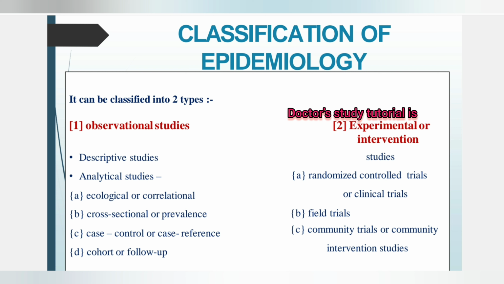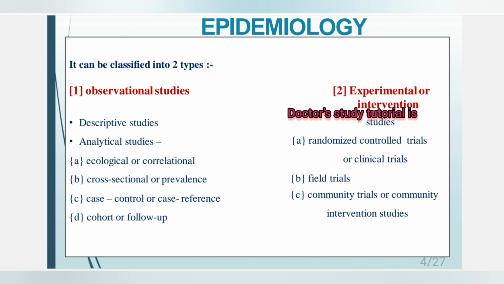A very important written and viva question is classification of epidemiology. It can be classified into two types: observational study and experimental or intervention study. Observational study can be divided into descriptive study and analytic study.